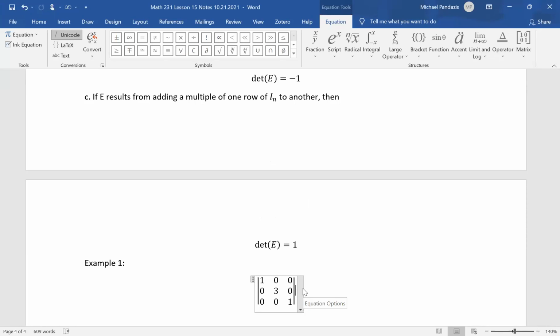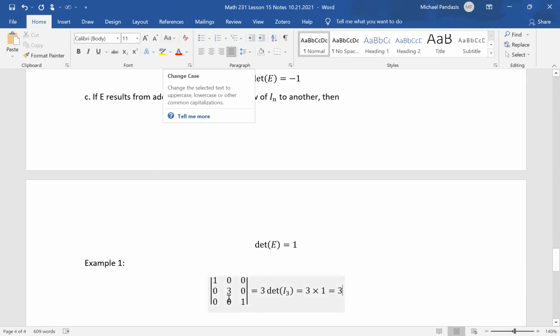So the determinant of that matrix is 3. But this is also 3 times you multiply the second row of I sub 3 by 3. And so you also know this is equal to 3 times the determinant of I sub 3, which is 1. So this is 3 times 1, which is 3. So we have the determinant of this matrix because it's an elementary matrix.